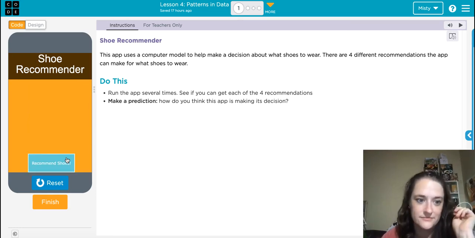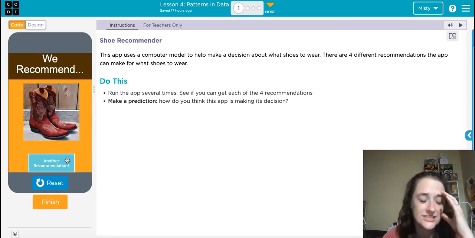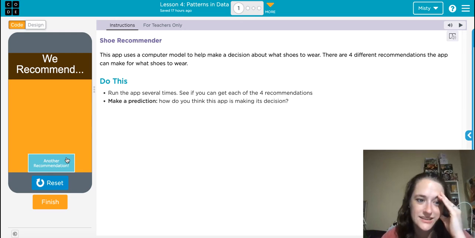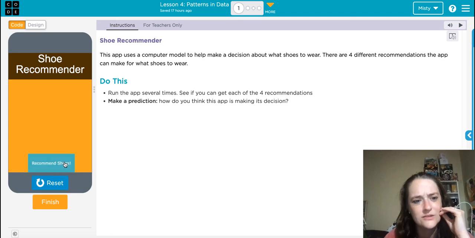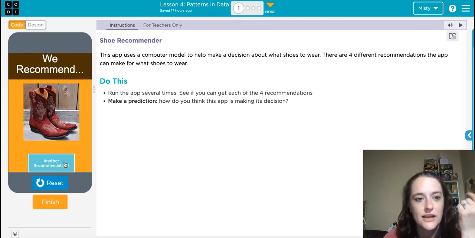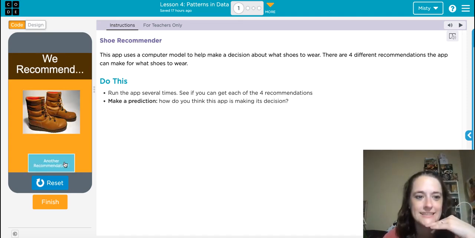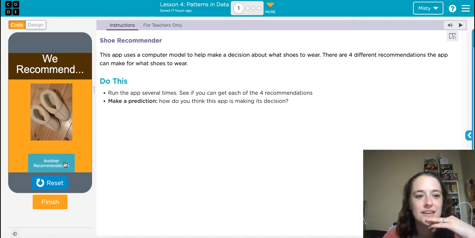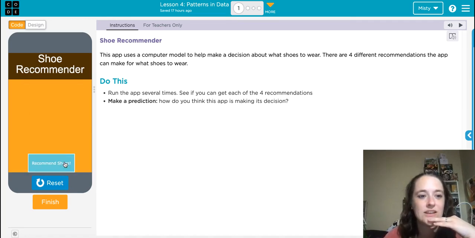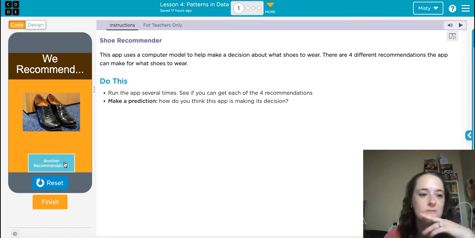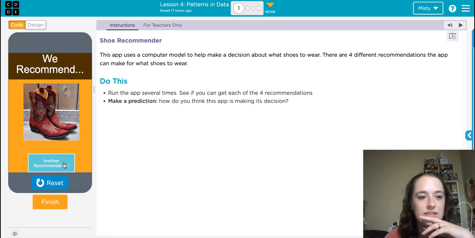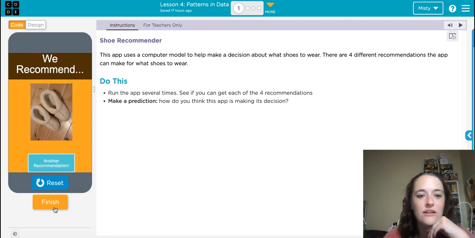House shoes again. Okay, well, at least that's 3. Okay, we're getting them again. So I wonder what the 4th one is. Oh, there we go. Some dress shoes I would definitely never wear. All right, make a prediction. How do you think the app is making its decisions?